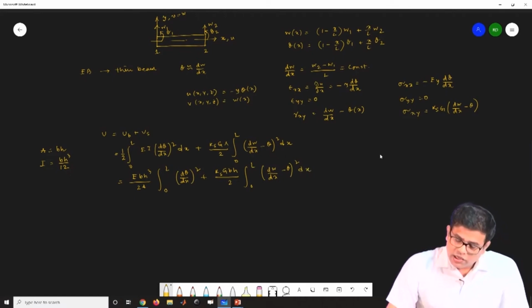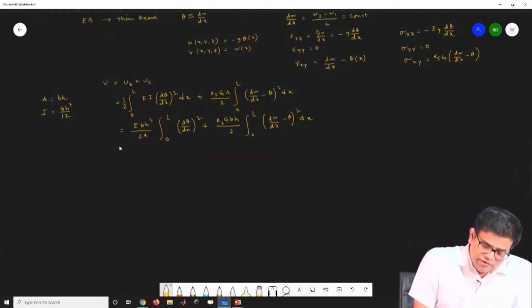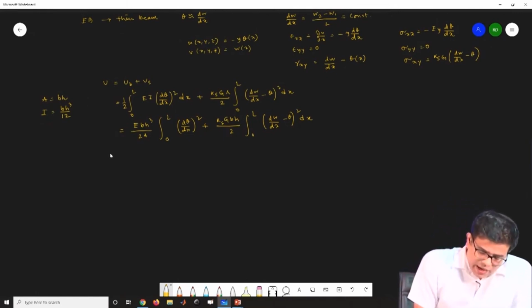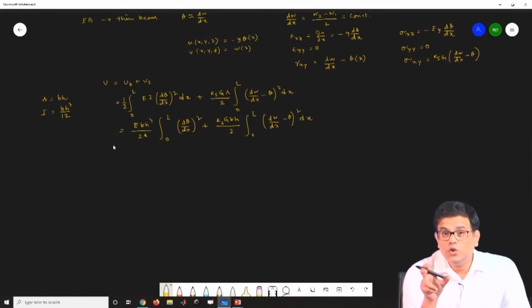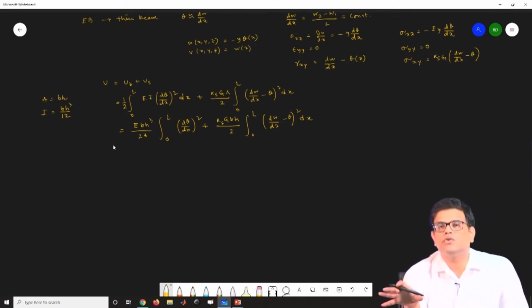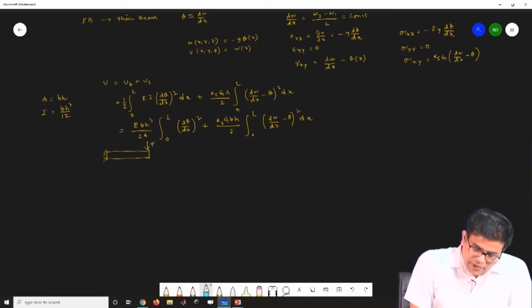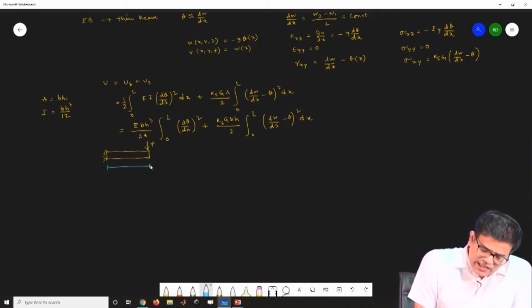Now consider a simple cantilever beam with one element discretization. What I am trying to show here is what happens to the strain energies if you use linear interpolation for w and theta. Suppose there is a cantilever beam discretized with one element, with load P. This element has length L and two nodes.